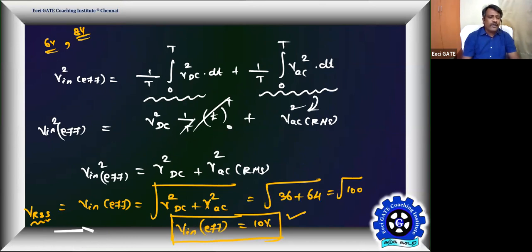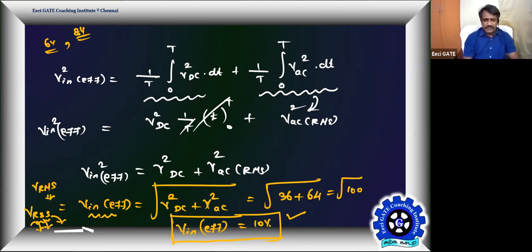VRMS is nothing but VRSS. So go for the individual square of RMS values of the signals, sum them, then root. First S refers to square, second refers to sum. So it's root sum square.